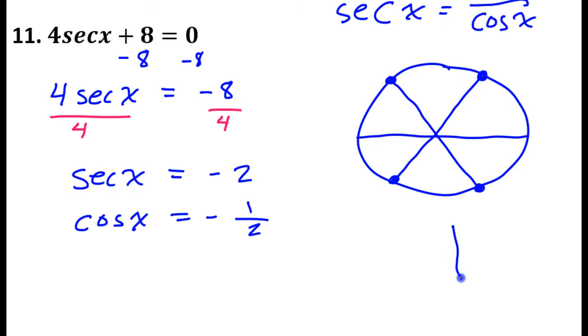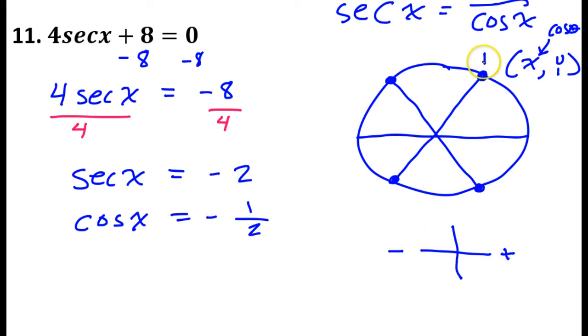So when you're talking about cosine, on the unit circle, cosine is the x value. Okay, this is the cosine, is always the x value. So where are x values positive and where are they negative? Well, if this is the x-axis, you know that the positive values are to the right and the negative values are to the left.